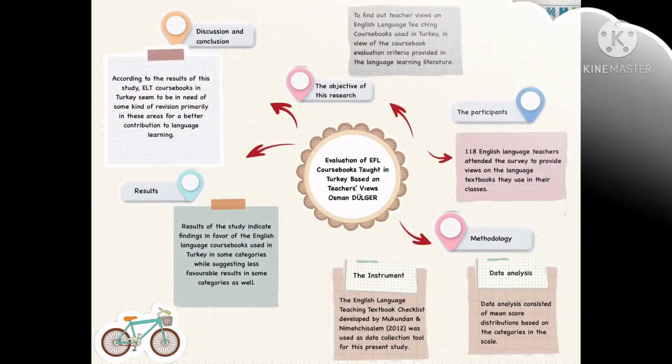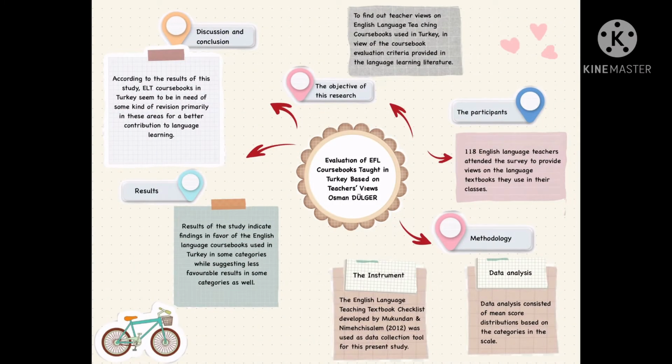Let's start with the first research, about the evaluation of English as a foreign language coursebooks taught in Turkey based on teachers' views. The objective of this research is to find out the teachers' views on English language teaching coursebooks used in Turkey in view of the coursebook evaluation criteria provided in the language learning literature.